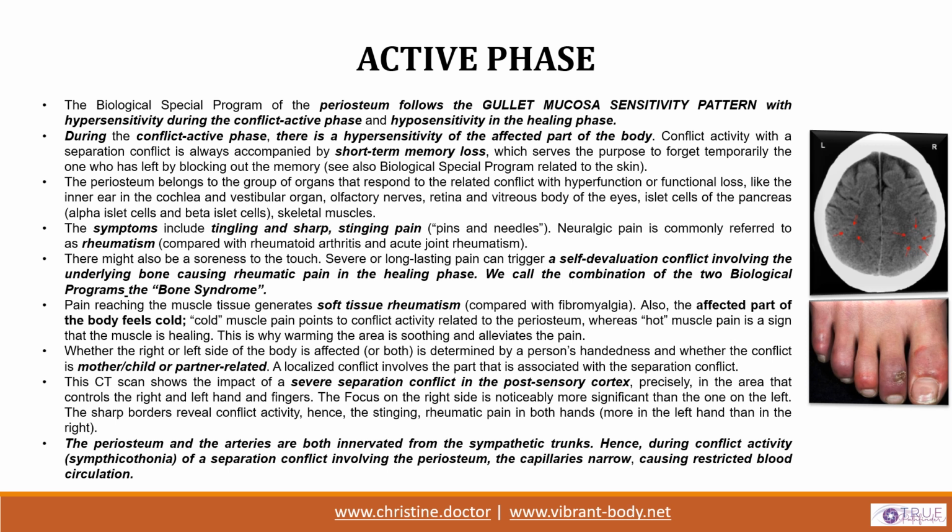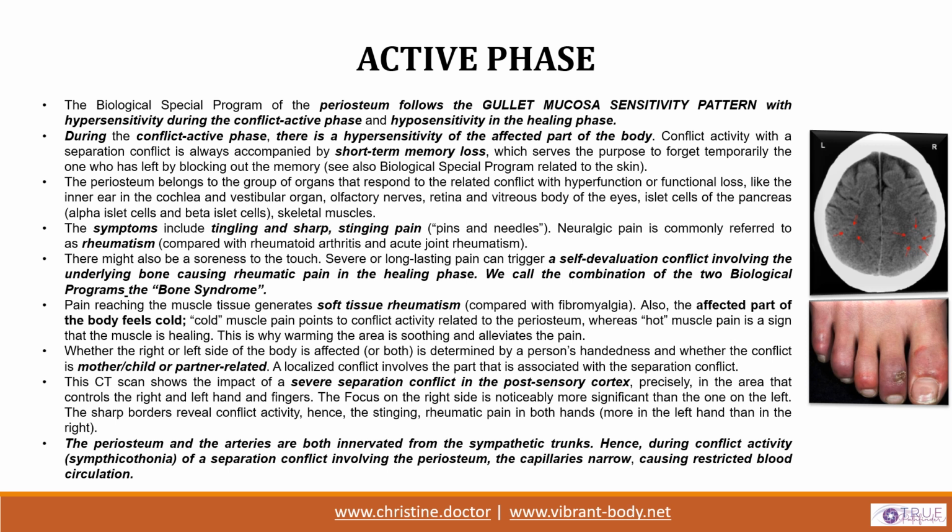Whether the right or the left side of the body is affected, or both, is determined by person-centeredness and whether the conflict is mother-child or partner-related. A localized conflict involves the part that is associated with the separation conflict. If we look at the CT scan here on the right side, it shows the impact of a severe separation conflict in the postsensory cortex, more precisely in the area that controls the right and left hand as well as the fingers.